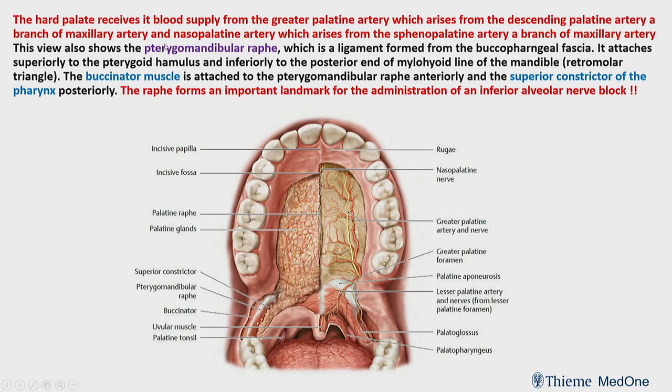The other artery, which is less important, is the nasopalatine artery, which sometimes is written as a branch of the sphenopalatine artery, which is a branch of the maxillary artery.